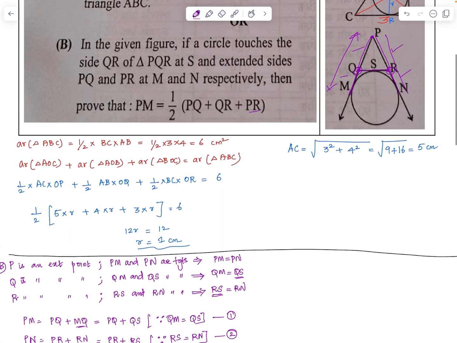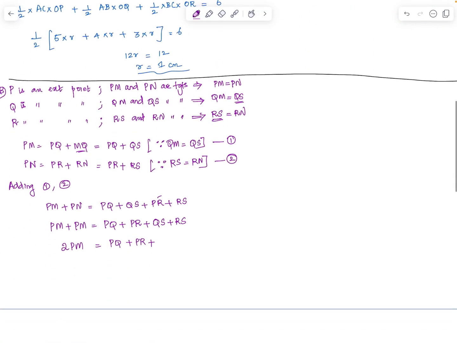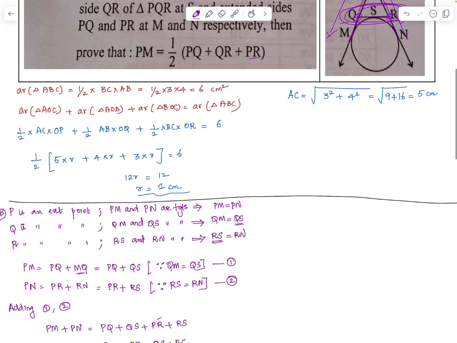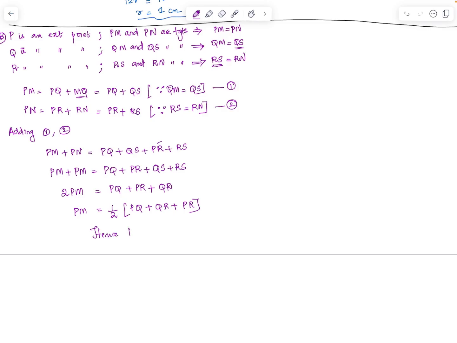QS plus RS is nothing but this QR. So PM is equal to half times PQ plus QR plus PR. This is the statement that we have to prove. Hence, proved.